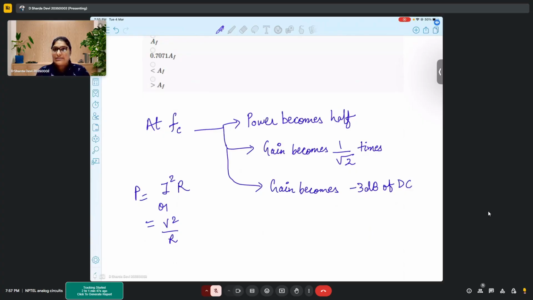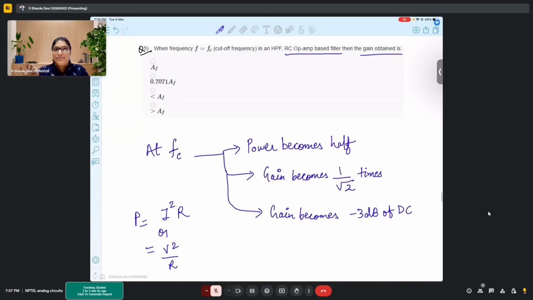For a single order system, when there is one pole that you encounter, the change is minus 3 dB or plus 3 dB, depending on whether it is a pole or a zero. And the actual value is that the gain becomes 1 by root 2 times. In decimal value, 1 by root 2 is 0.707, so the gain becomes 0.707 times.